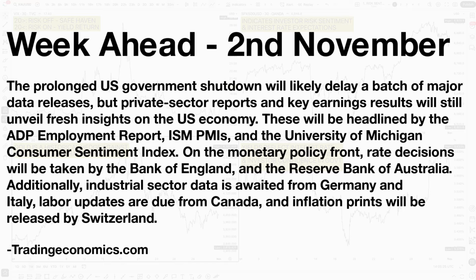On the monetary policy front, rate decisions will be taken by the Bank of England and the Reserve Bank of Australia. Additionally, industrial sector data is awaited from Germany and Italy. Labour updates are due from Canada, and inflation prints will be released by Switzerland. So there is some market moving news, especially from the monetary policy front as well.